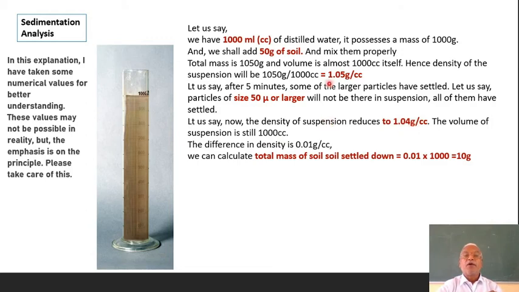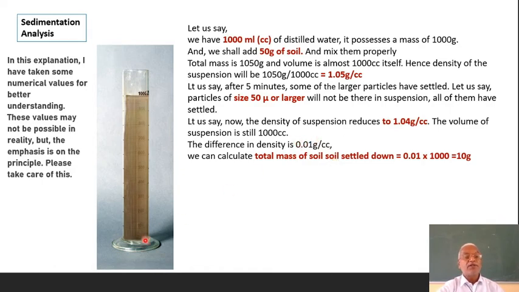Or we can calculate it this way also. The difference in density is 0.01, because 1.05 was there earlier and now it has reduced to 1.04 grams per cc. So 0.01 grams per cc is the density which is reduced. Where has this gone?